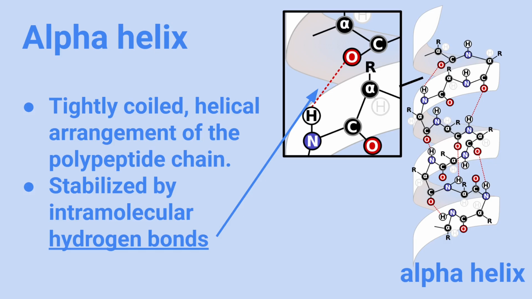Let's see now some common occurrences. So alpha helices are frequently found in protein structures and are often associated with regions that traverse a cell membrane or play a role in structural stabilization.